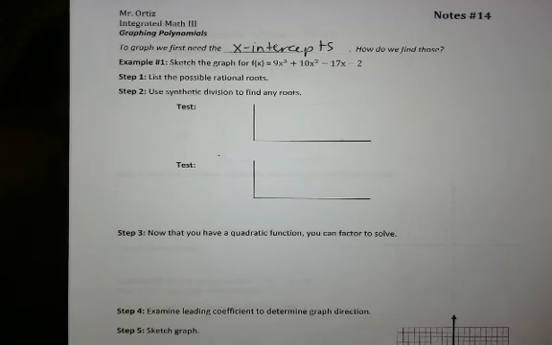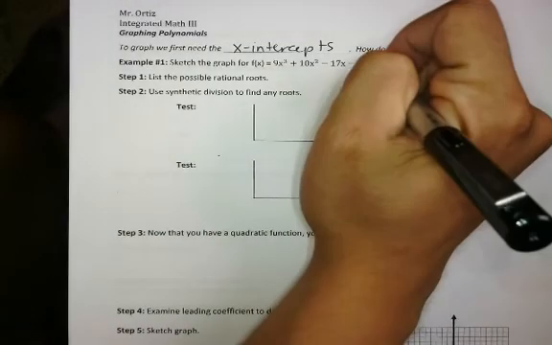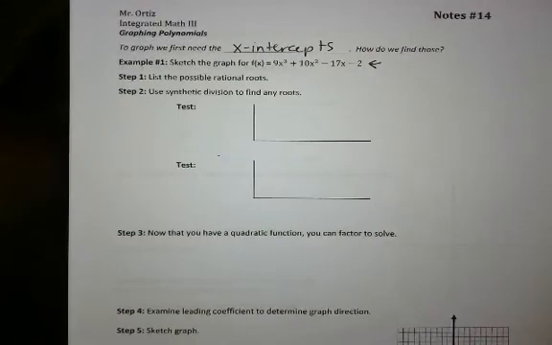Based off of what we've talked about yesterday and the day before, where do we even start with this function? What would you do first?